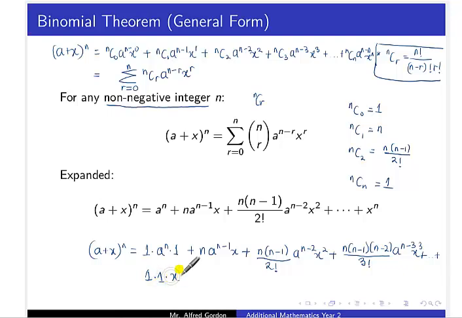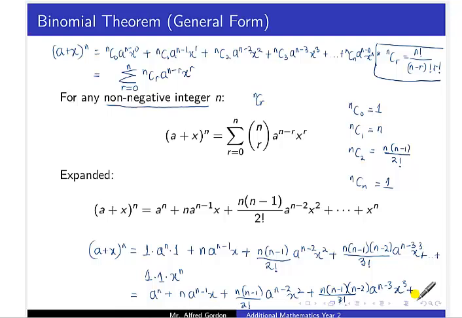And we have x to the power n. So by simplification, we have this to be e to the power n plus n e to the power n minus 1, be with me, plus n minus 1 all on 2 factorial, e to the power n minus 2, x to the power 2, plus n minus 1, n minus 2, all on 3 factorial with expression e to the power n minus 3, x to the power 3, up to the last term, which is x to the power n.